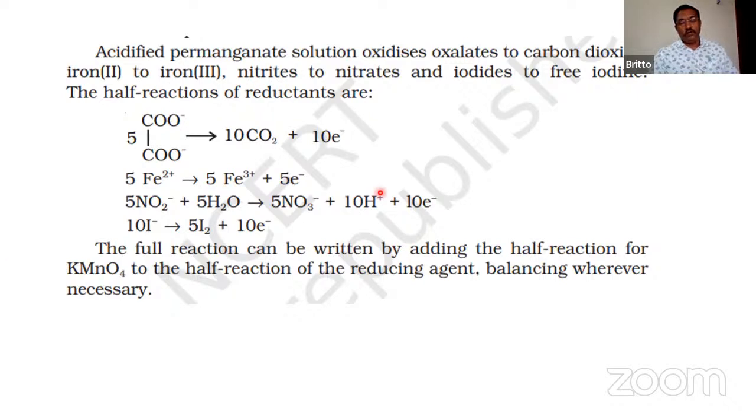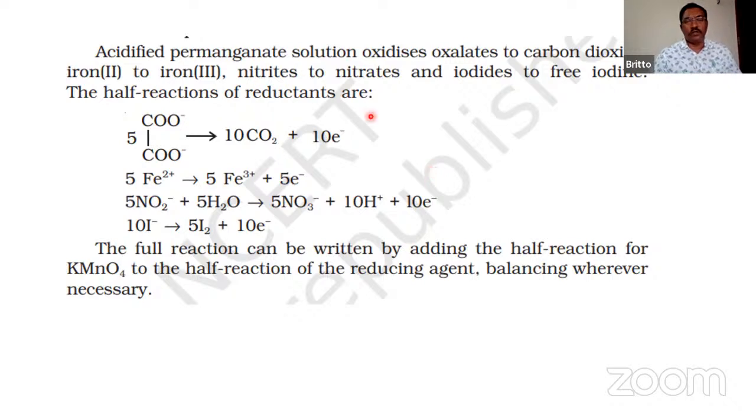Now the same thing here also depends on the acid medium or basic medium. We know that in an acid medium, potassium permanganate involves 5 electrons per molecule. But in some cases we cannot produce 5 electrons.